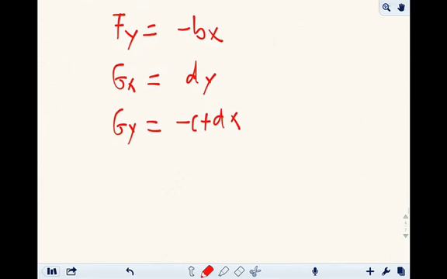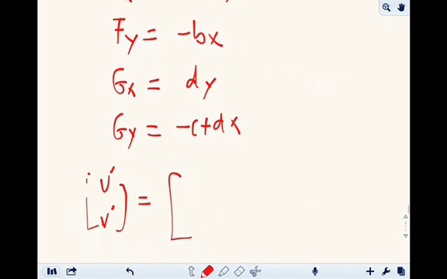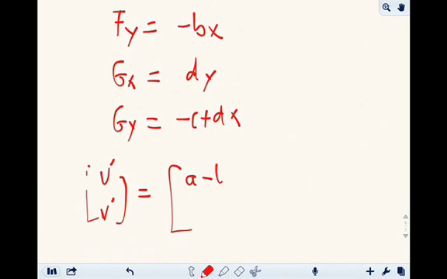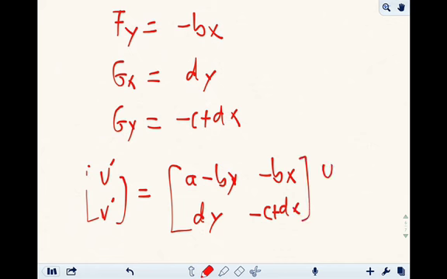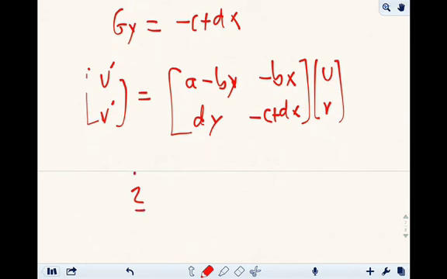Put this together as our system. We have u prime, v prime, so the rate of change of these perturbations around the critical point is going to be the matrix a minus by, negative bx, dy, negative c plus dx, times u, v. So this is written in the form z dot equals A z.